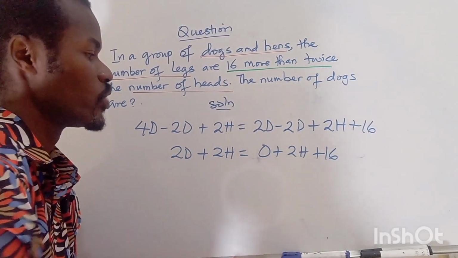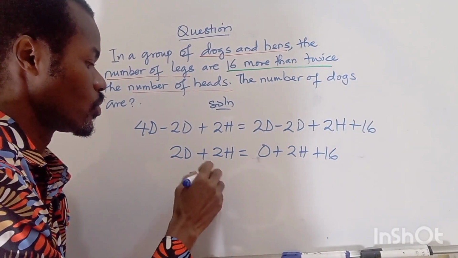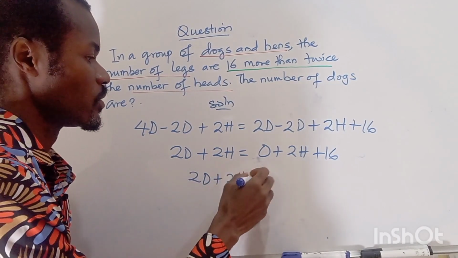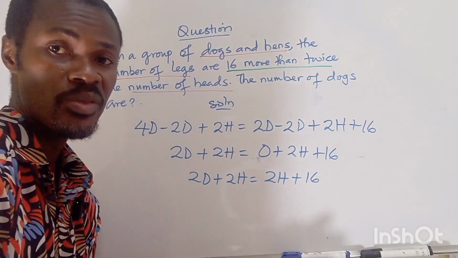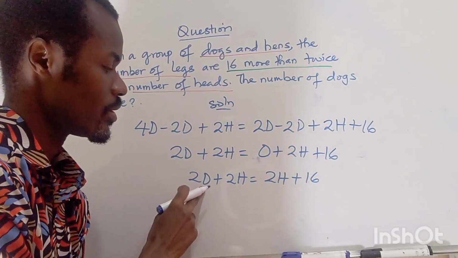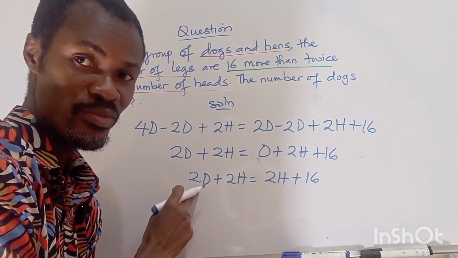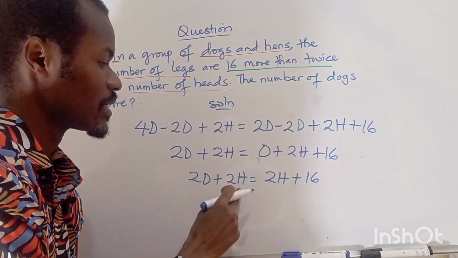Now 0 plus 2h is what? 2h. So this is 2h plus 16. Now do we find dogs? Remember our target is to find dogs. So I'm going to subtract this from both sides.